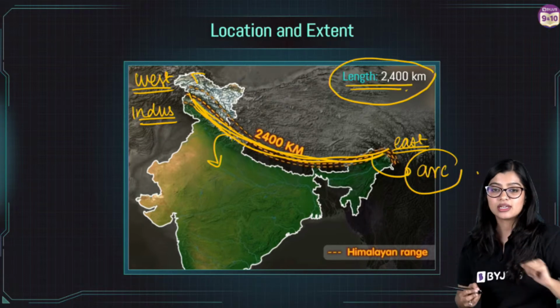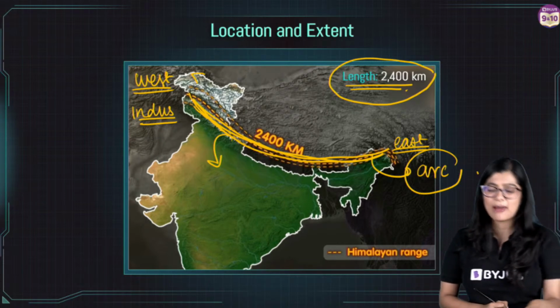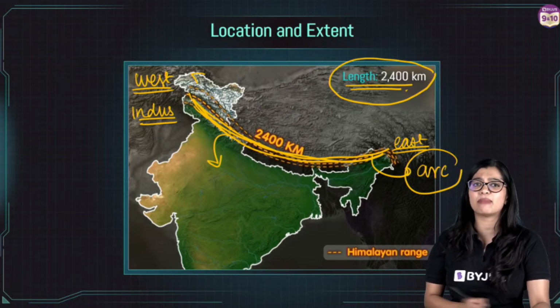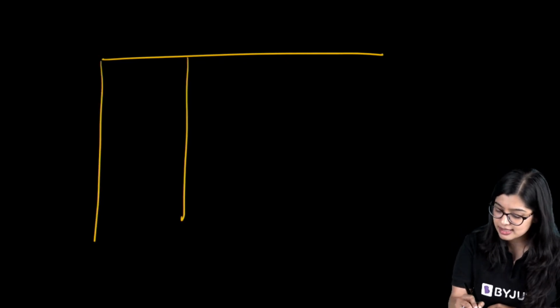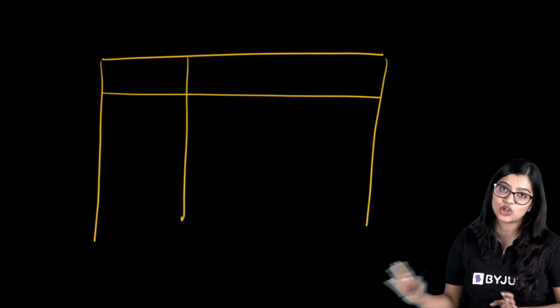2,400 kilometers. Now how to remember? Ma'am, how will I remember so much? I don't have magical memory power. I know. You can have magical memory power, I'm not denying it. But in case you don't have that magic, a simple way: start making tabular columns for the whole chapter.